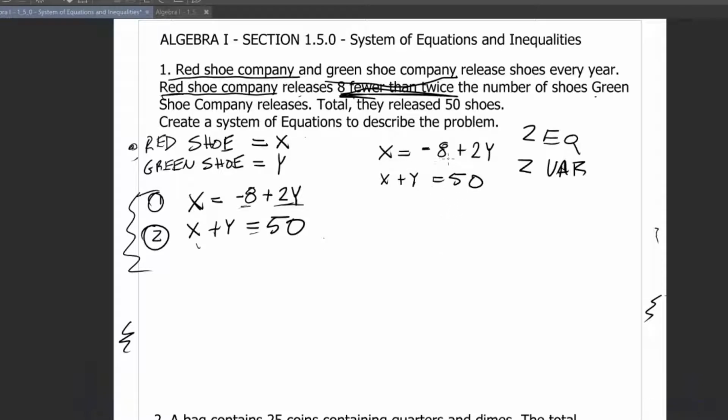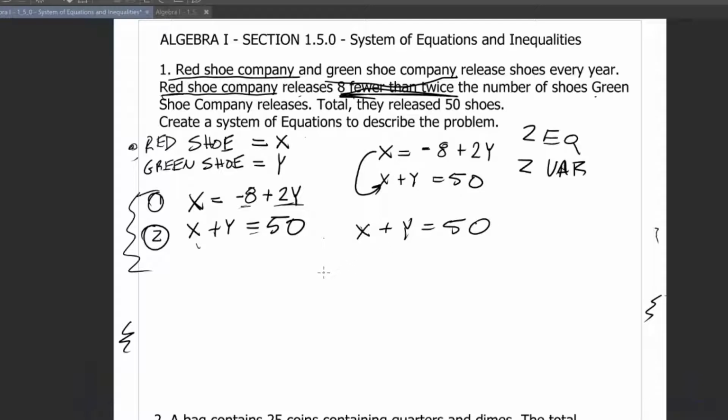We have X equal to minus 8 plus 2Y. So what we want to do is plug this X into the second equation, so that one equation has one variable and all numbers. So this would look like X plus Y equals 50.